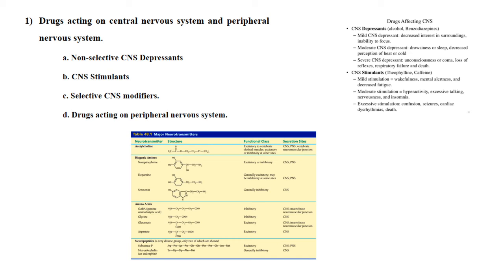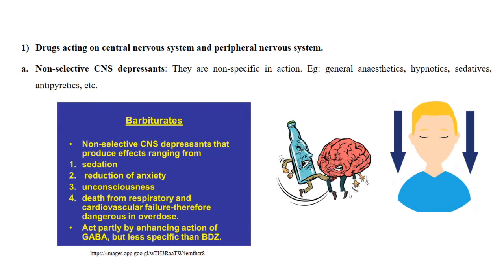Here neurotransmitters, we know, are the communication between neurons, and the peripheral nervous system functions through neurotransmitter secretion or release. Of course we know about the central nervous system, constituting the brain and spinal cord, and the peripheral nervous system, that is the nerves branching from the spinal cord.